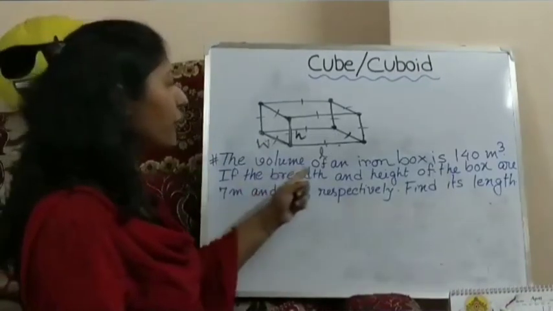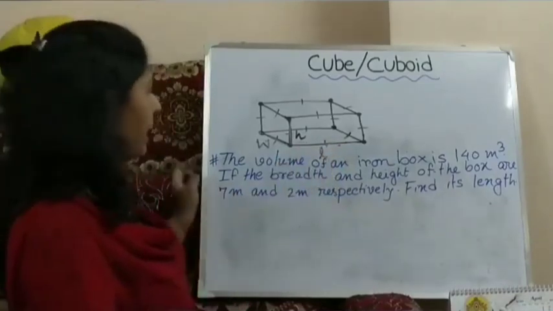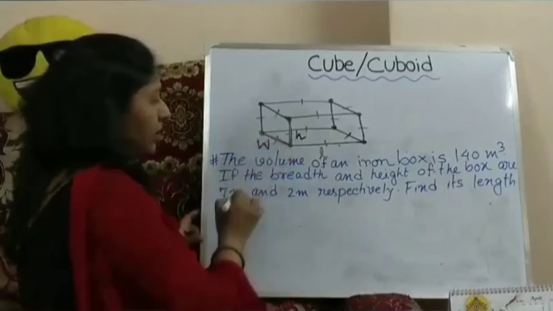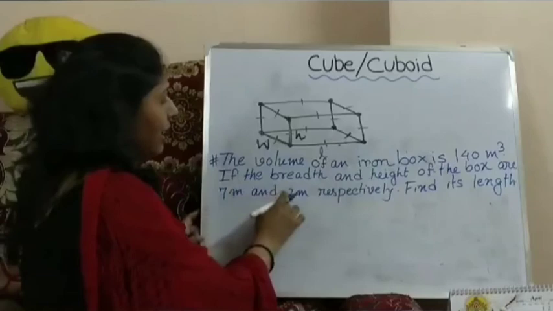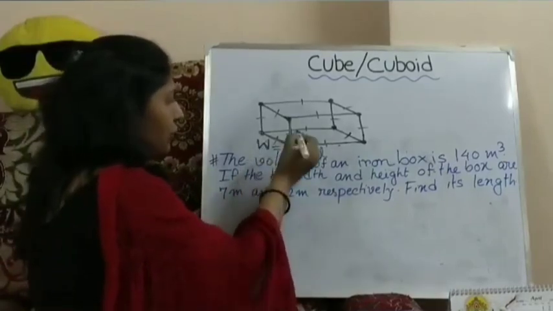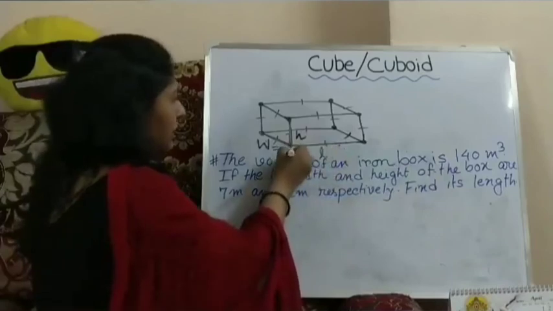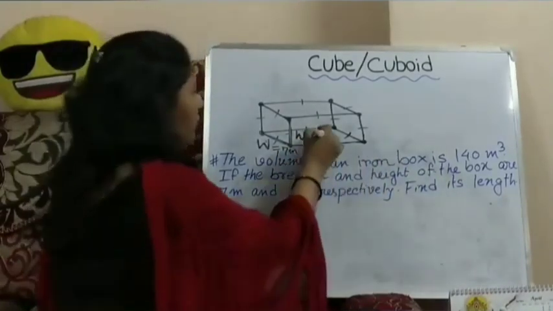The volume of an iron box is 140 meter cube. If the breadth means width, okay, and height of the box are 7 meter and 2 meter. So here W means 7 meter and H means 2 meter.